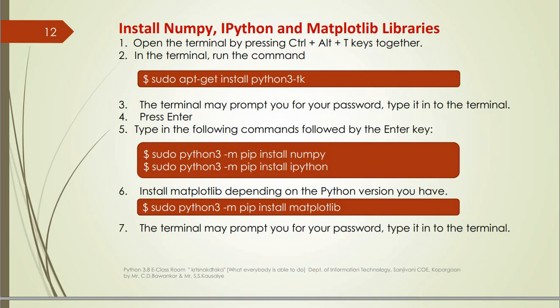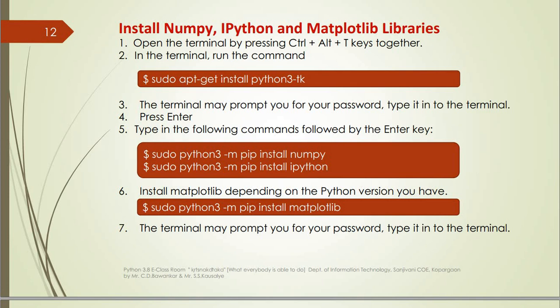Type it in the terminal, press enter. Type in the following command followed by the enter key: sudo python3 -m pip install numpy. Press enter. After this command, give the next command sudo python3 -m pip install ipython.